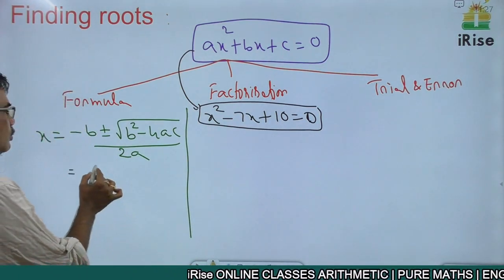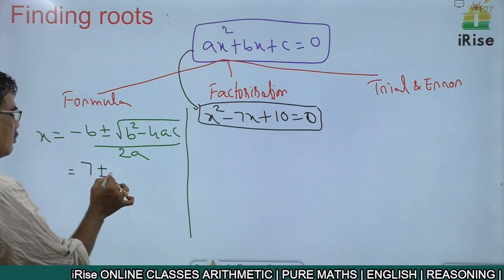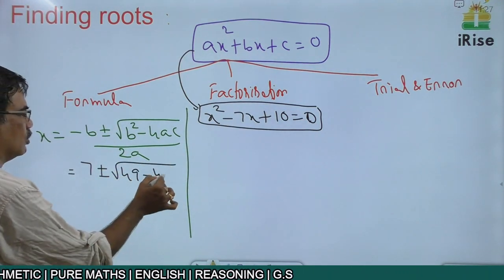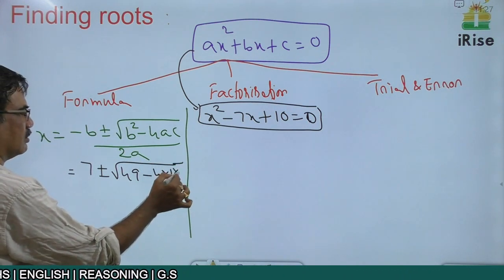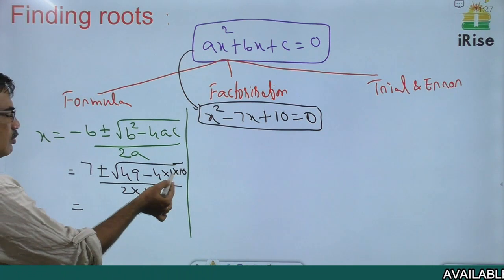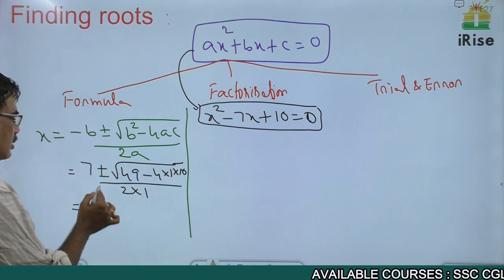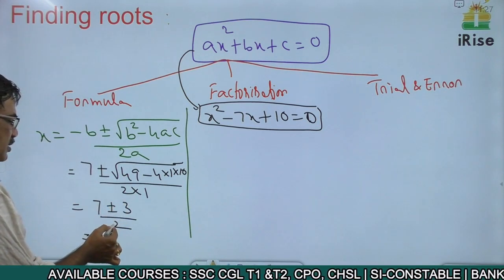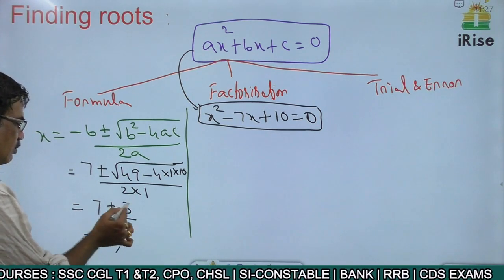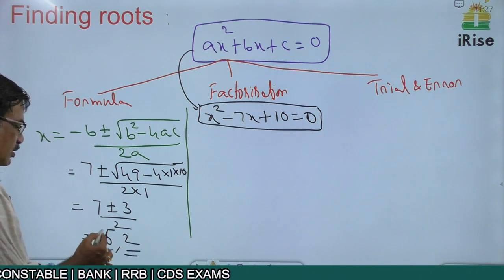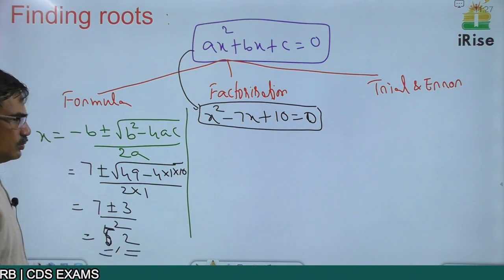This is equal to minus b plus or minus root of b square 49 minus 4 into 1 into 10 by 2a, 2 into 1, 49 minus 40, under root of 9 is 3. So 7 plus or minus 3 by 2, 7 plus 3 by 2, 10 by 2 is 5, 7 minus 3 by 2, 4 by 2 is 2. So the roots are 5 comma 2.